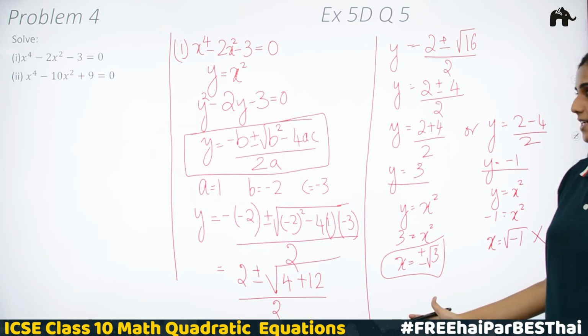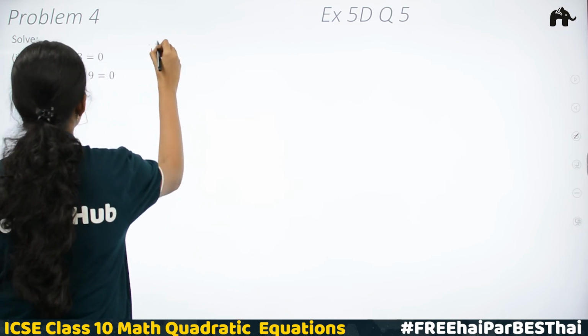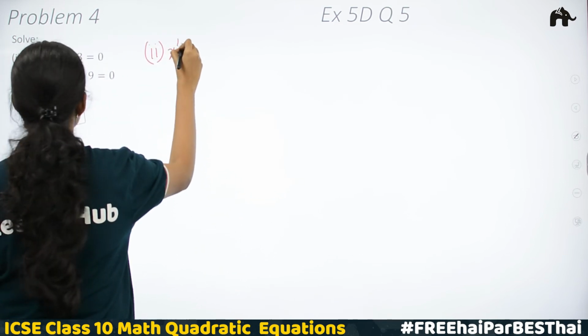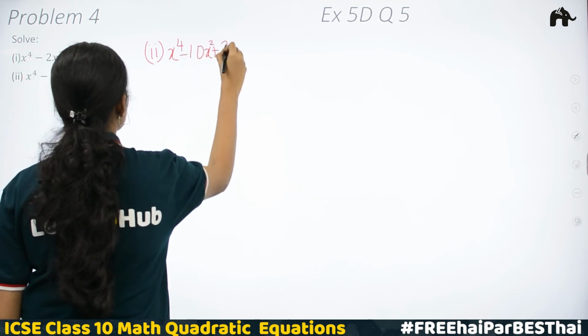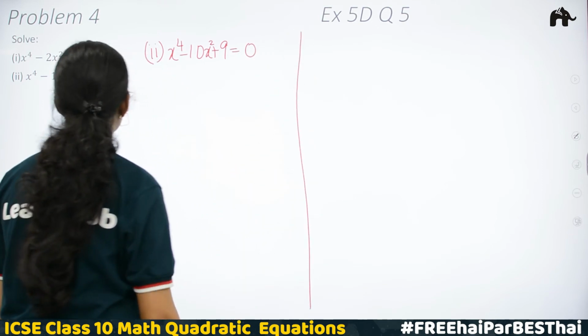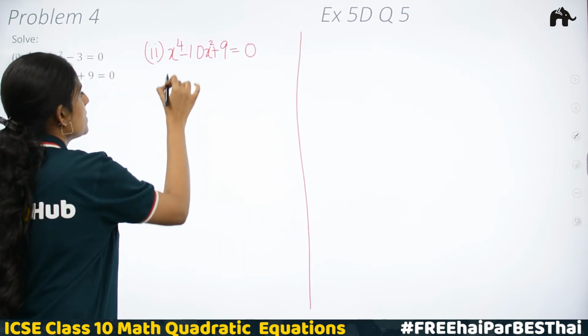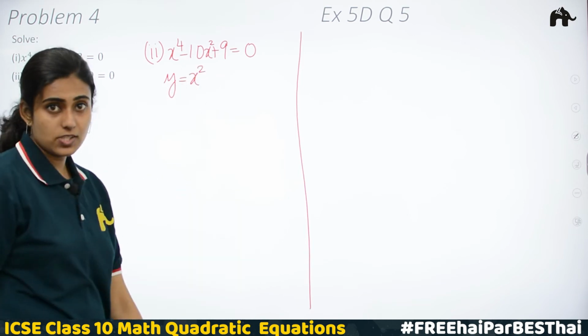Now, the second part. Second equation is x raised to 4 minus 10x square plus 9 is equal to 0. Okay. Same steps. Put y is equal to x square.